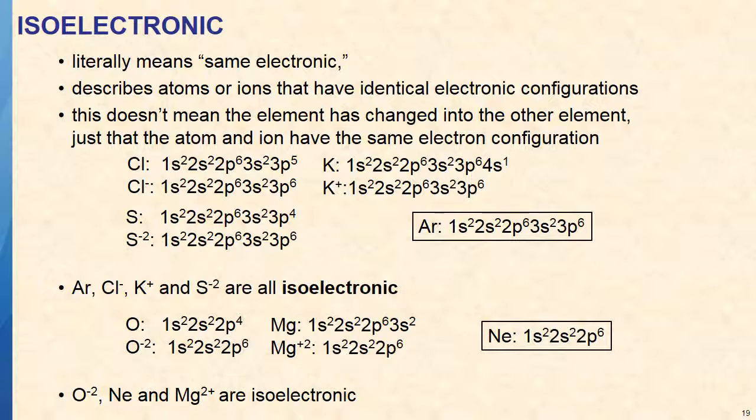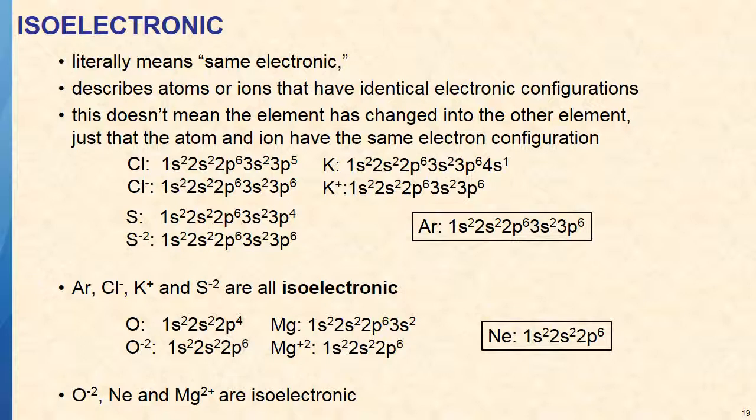The term that we use for this is isoelectronic. All 3 of these ions are isoelectronic to argon. They all have the same electron configuration. Now, keep in mind, it doesn't mean they have changed to argon, because chlorine still has 17 protons, potassium still has 19 protons, sulfur has 16 protons, argon has 18 protons, so they all have a different number of protons.